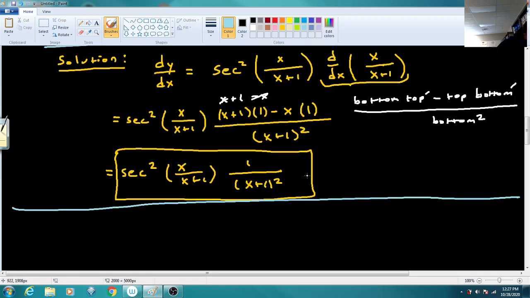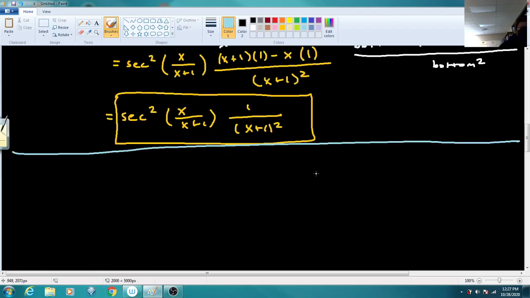So they're going to note in Leibniz notation, if we start with y equals f of u, and then u is g of x, this would be the same as f of g of x.